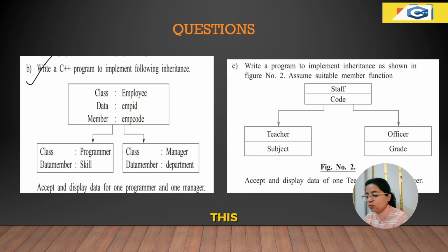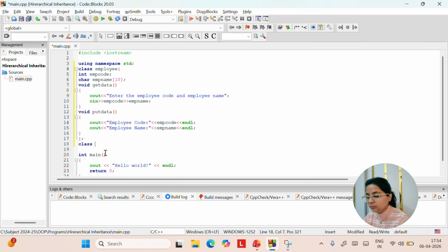Both have the same employee code and employee name. I have taken emp name, programmer and manager, skill and department. Class programmer colon public employee, where employee is the base class.